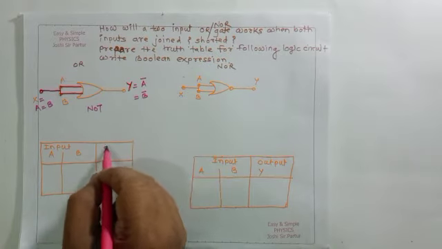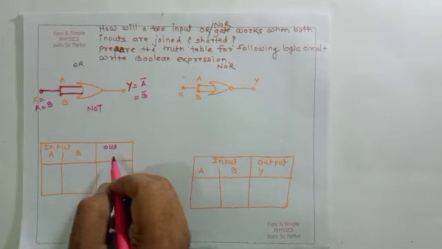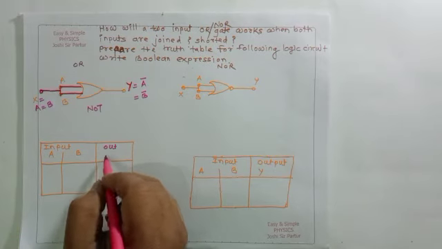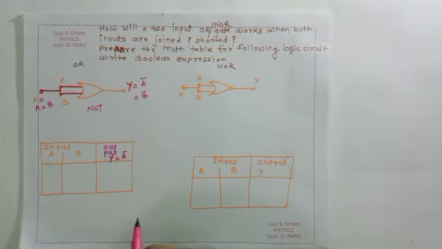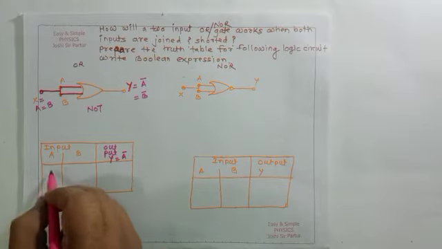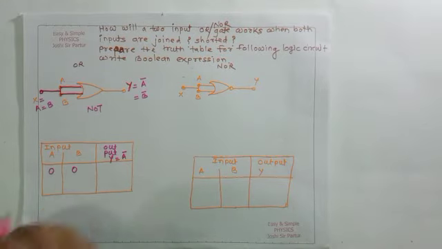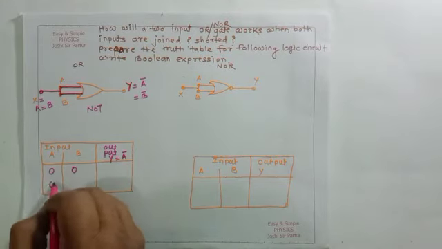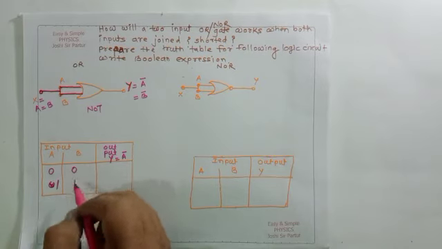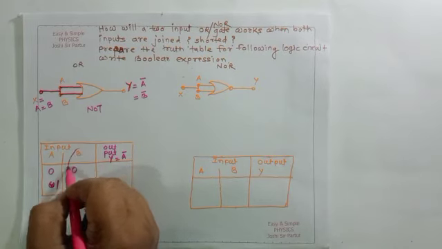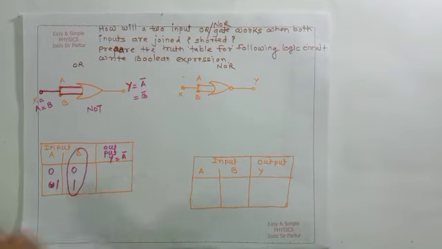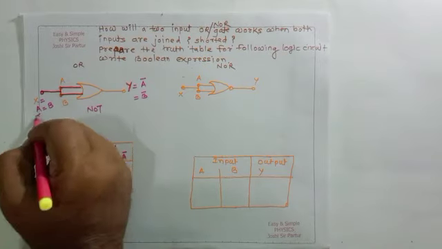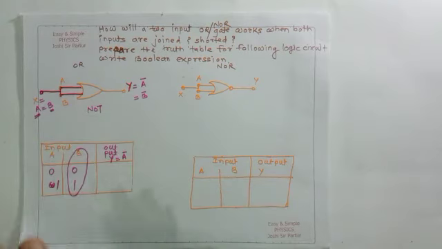Means when we prepare the truth table, output Y is complement of A or complement of B. A will be low, B will be low, or A will be high, B will be high. That is, these values are either A or B. They are inputs.